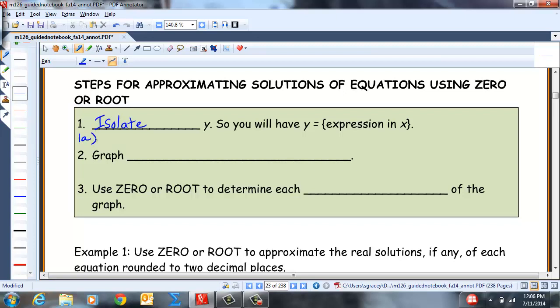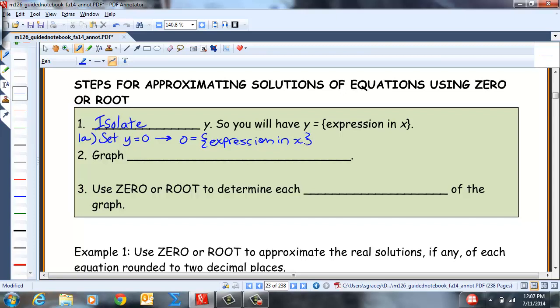So we could set y equal to 0. So then, once you do that, you'll have 0 equals some expression in x. Good so far?